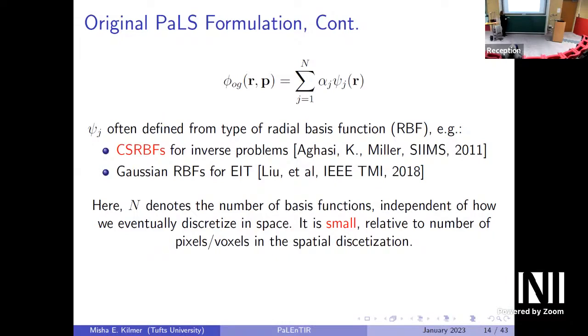Good choices in practice turn out to be radial basis functions. When we wrote the original paper that appeared in SIAM Journal of Imaging Sciences, we used compactly supported radial basis functions. One of the reasons for doing those was that the compact support made the optimization problem easier in places where certain basis functions really weren't active.